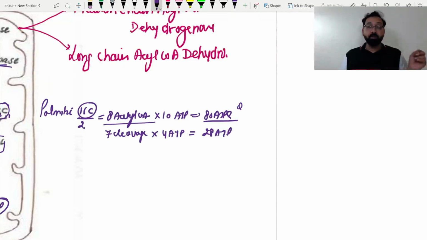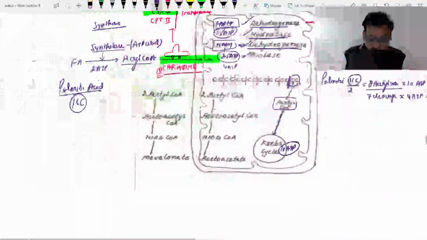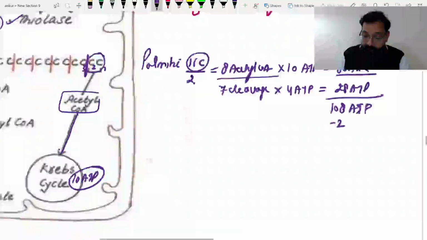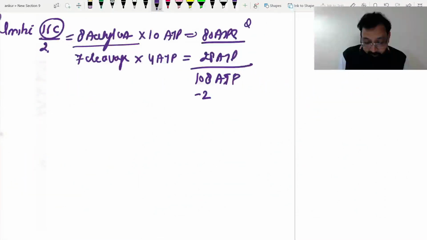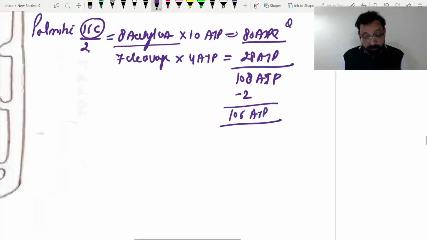Sometimes this calculation is asked. 80 plus 28, 108 ATPs are produced, but 2 ATP were used in the activation of fatty acid, so the net gain would be 106 ATP. So complete oxidation of palmitic acid produces 106 ATP.